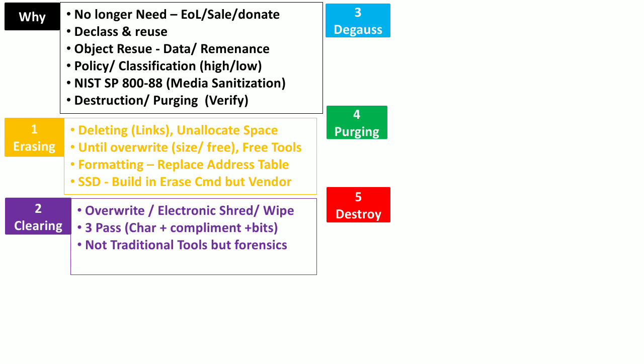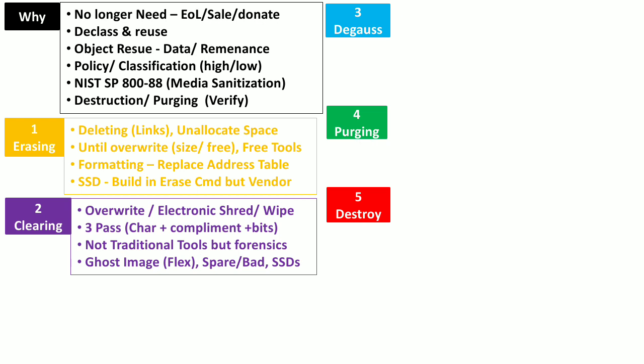Now the traditional or freeware tools cannot recover the data which is sanitized using clearing, but advanced forensic techniques may recover the data even which is sanitized by using this clearing.